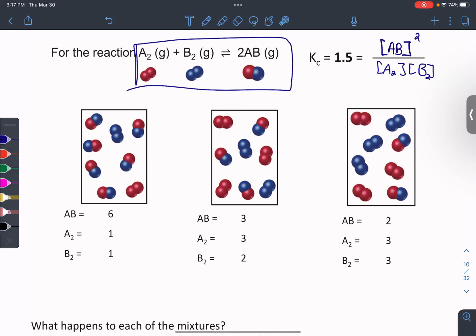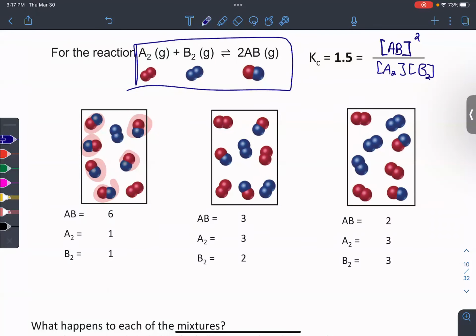So let's look at these pictures and predict what's going to happen. I just went ahead and counted things for you very carefully. I count 1, 2, 3, 4, 5. Oh, I actually counted wrong. 1, 2, 3, 4, no, that's 6. That's 6 ABs, and then there's 1 B2, that's the blue one, and then 1 A2.